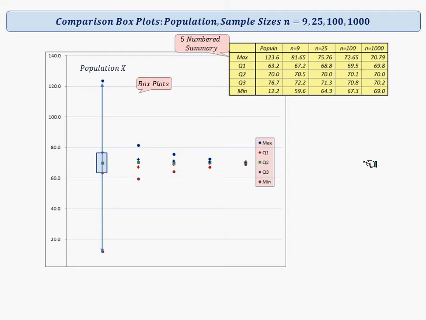Now we're going to look at the box plots for the various categories. For the population of individual x values, we see here the box plot on the left. For sample size n equal 9, the means will cluster in this range. For 25, they'll cluster in this range, n equal to 100 here, and 1,000 over here.